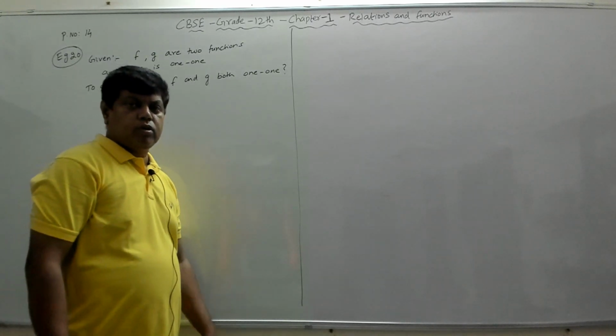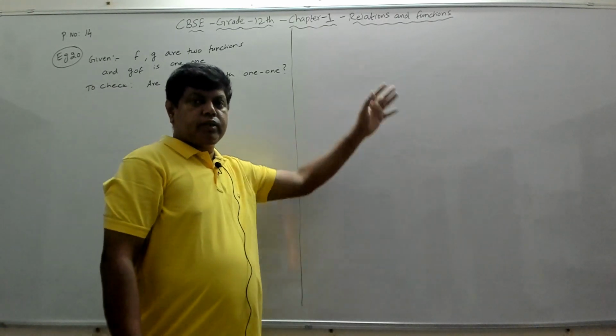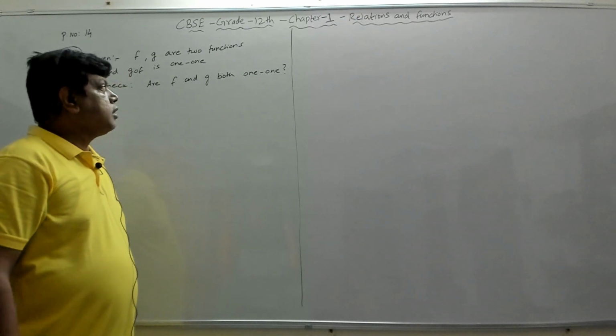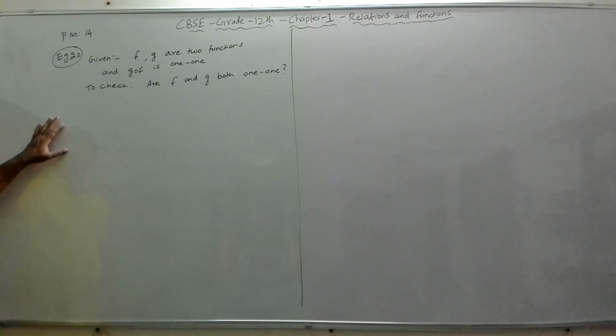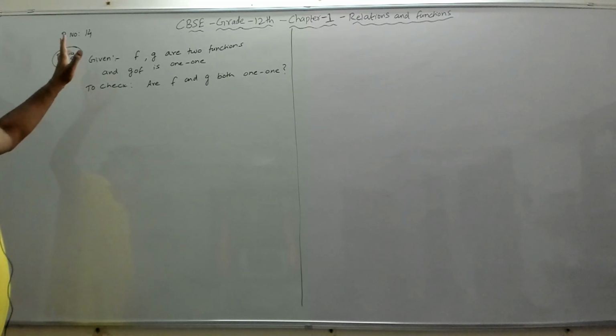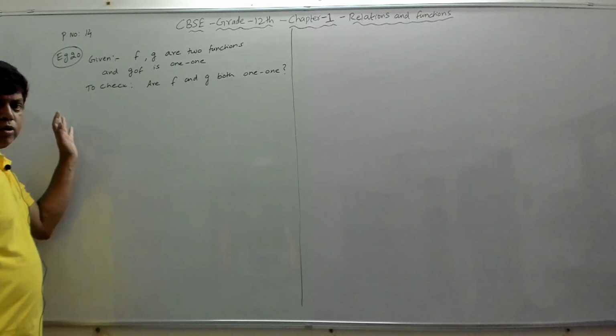In this video, we will continue with the chapter Relations and Functions from your 12th standard CBSE Mathematics. In this, we will continue with example 20 in page number 14 of your textbook.